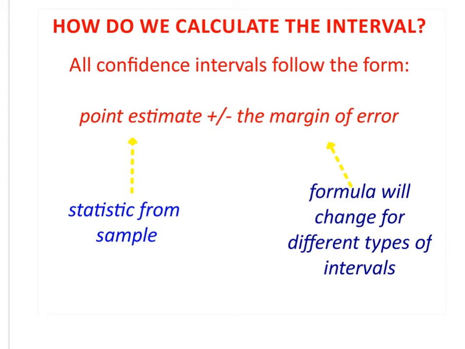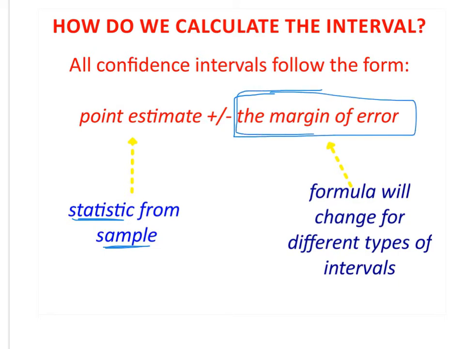So how do we calculate confidence intervals? All intervals, no matter what they're talking about, means or proportions, one statistic or two statistics, they all follow this form. The point estimate, which is just the statistic or the sample data, plus or minus this big piece called the margin of error.